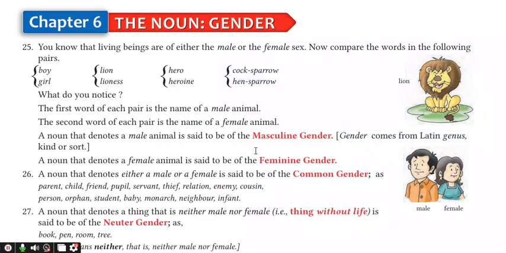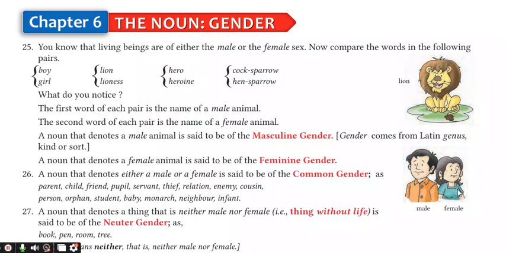In simple words, a noun that denotes a female animal or human being is called feminine gender. Simply, for males we use masculine, for females we use feminine. And the third type is a noun that denotes either a male or a female, said to be of the common gender.